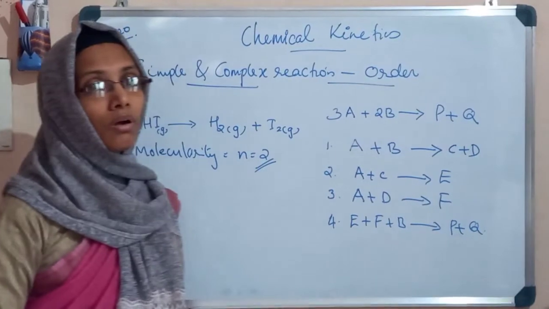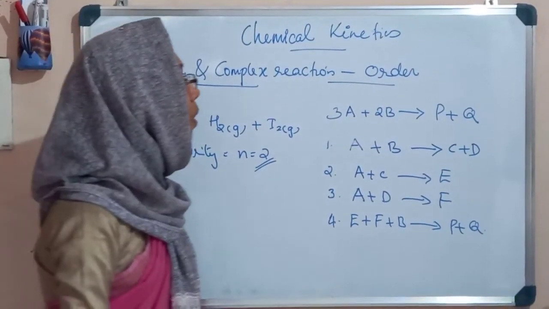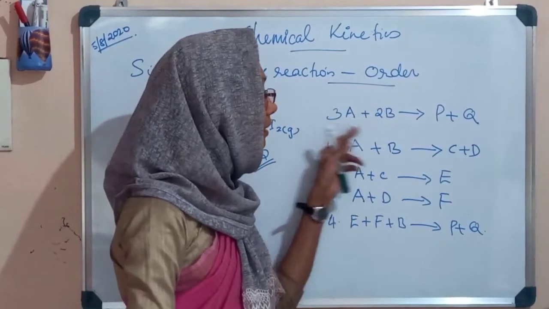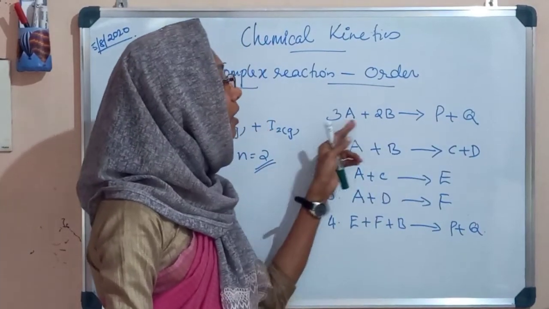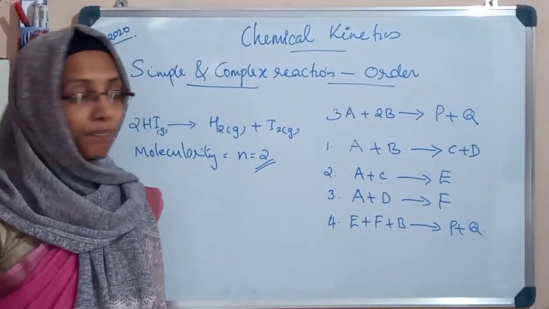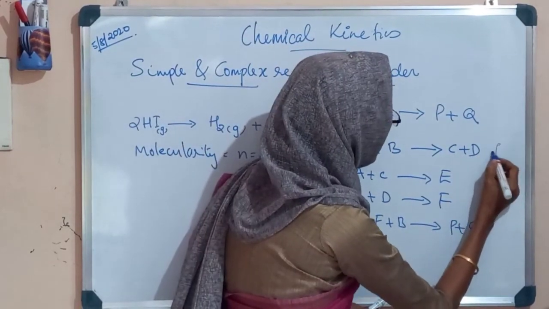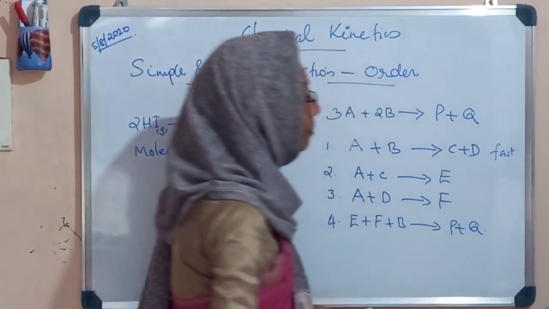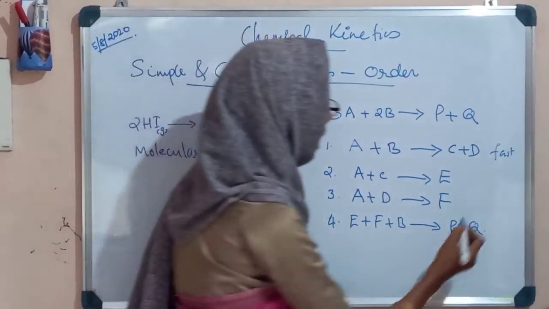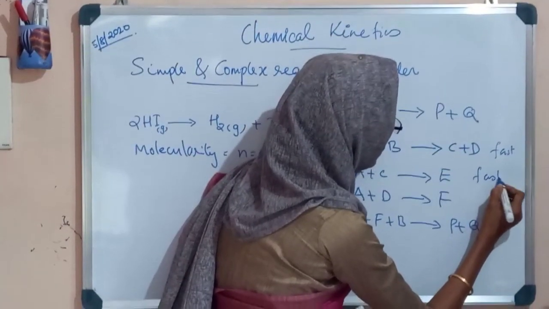But what is the order of the overall reaction and the rate of the overall reaction? Suppose in the reaction, the first step is a fast step and the second step is also fast.